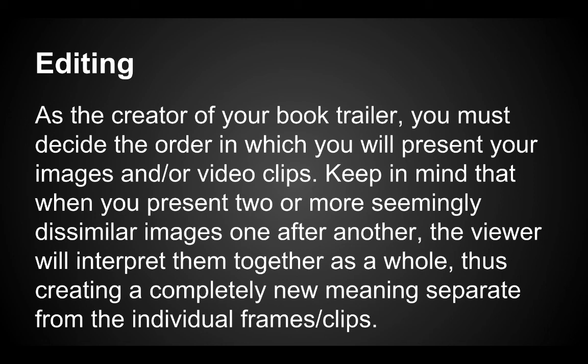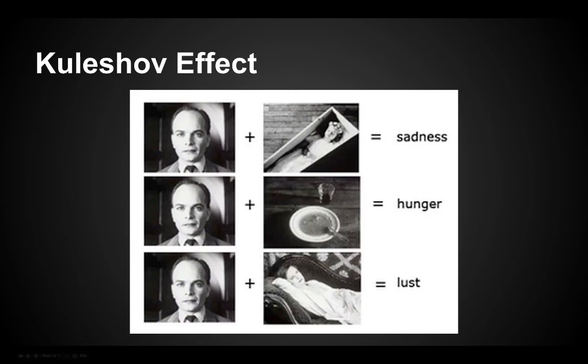So you're going to want to think about some of the clips that you do put together, because when you put two different clips together, sometimes they take on a whole new meaning. So as a way to elaborate on that concept, I'm going to talk about what's called the Kuleshov effect. There was this guy, his name was Lev Kuleshov.